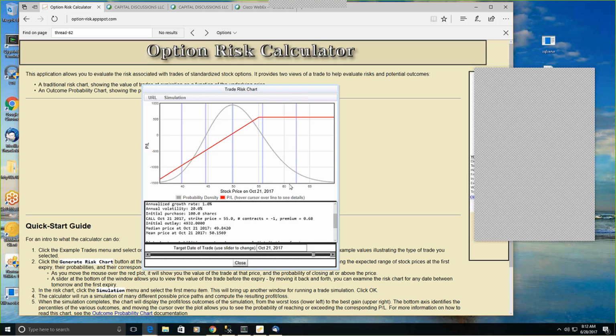If the x-axis were logarithmic instead of linear, this would actually look like a normal distribution, but as you can see, it's a little wider to the right. It's a log normal distribution. And this probability chart is obviously very important because this is what you use to ascertain the probability of success in the trade.